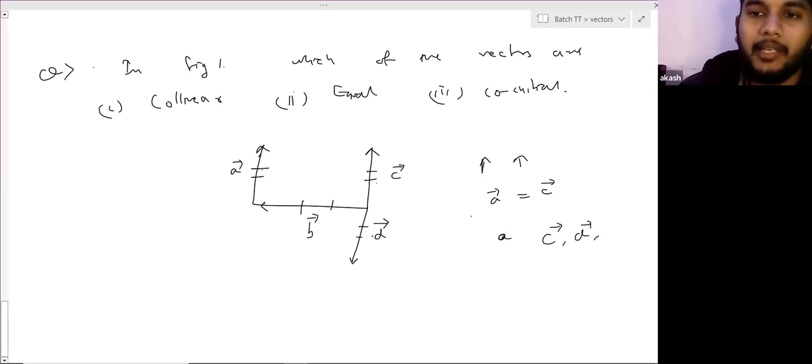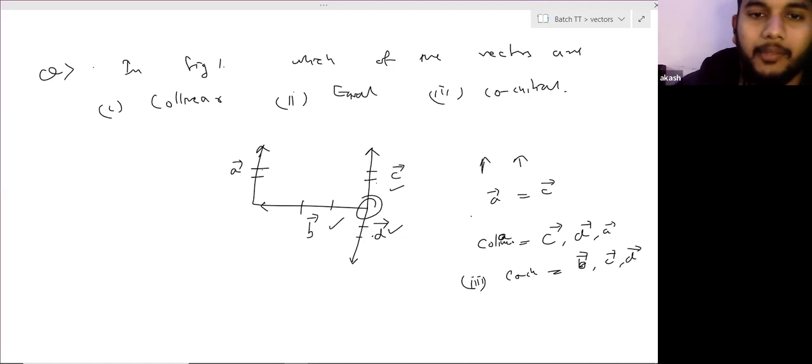C, D, and A also are collinear. All right. And B vector, D vector, C vector are starting from the same initial point. So co-initial, we have B vector, C vector, and D vector.